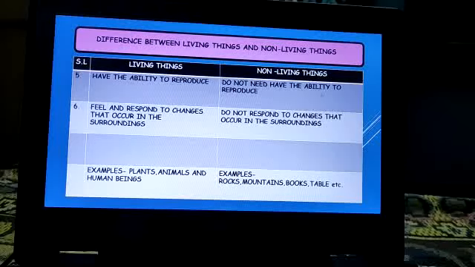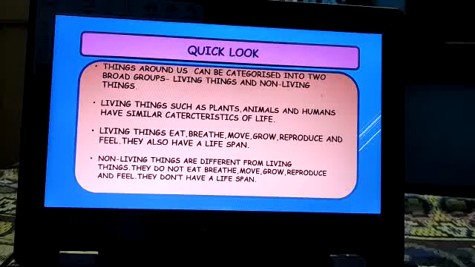Let's take a quick look at what we have learned in this chapter. We have learned that everything around us is categorized into two broad groups: living things and non-living things. Second, we learned that plants, animals and humans are living things, so they all have similar characteristics of life.